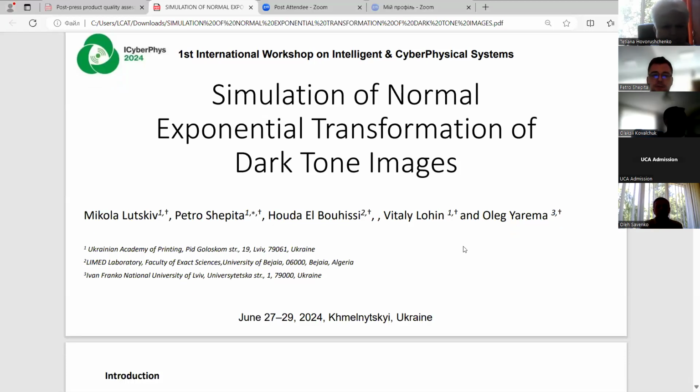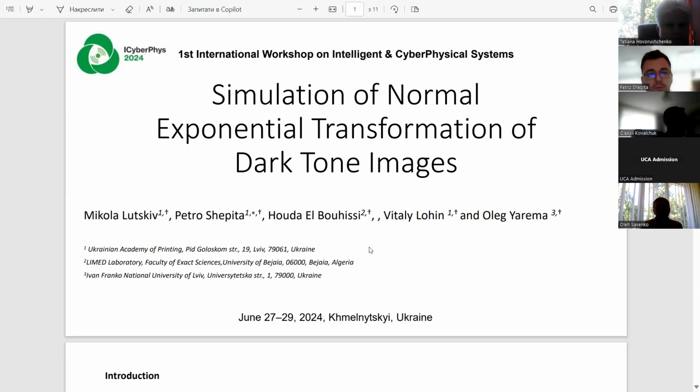Dear participants of the first international workshop on intelligent and cyber-physical systems, I present to your attention the research "Simulation of a normalized exponential transformation of dark tone images."